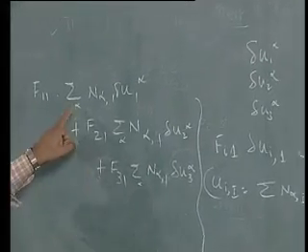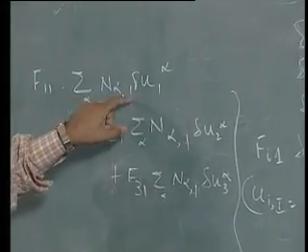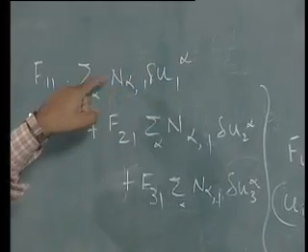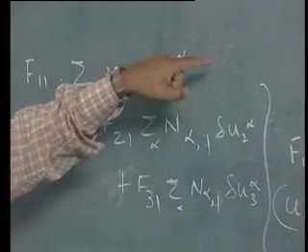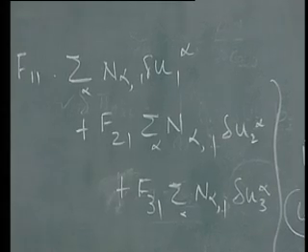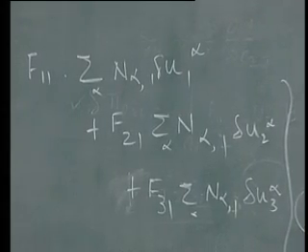Okay, so this will be like n1 comma 1 delta u1 plus n2 comma 1 and so on. It will be a big expression, right?